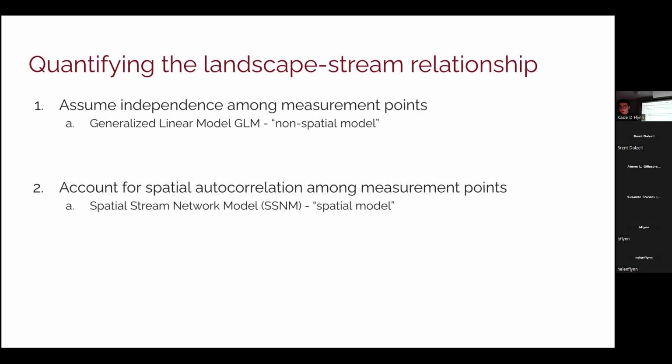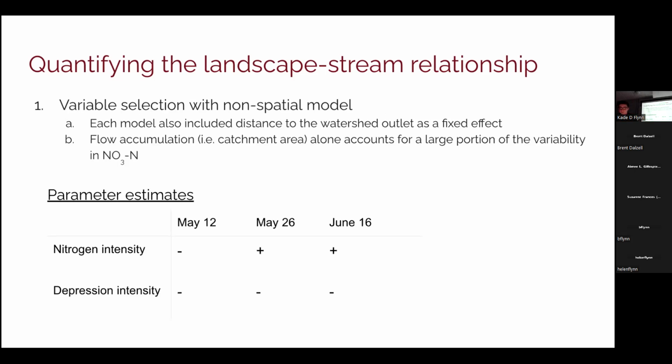for this spatial autocorrelation. So looking at variable selection with this non-spatial model, first, I want to note that each of these models, including distance to the watershed outlet, is a fixed effect to remove this large-scale gradient, which is important for employing these techniques.